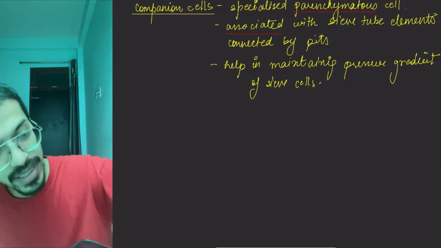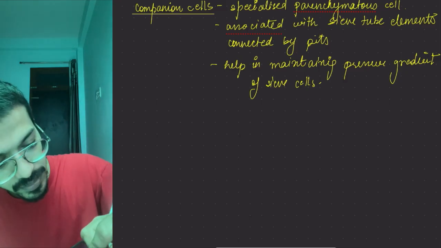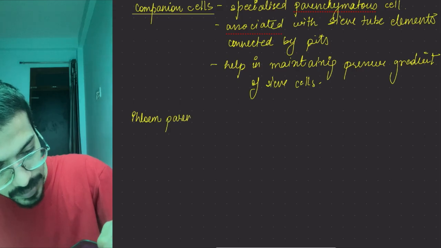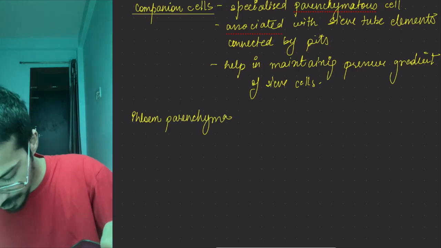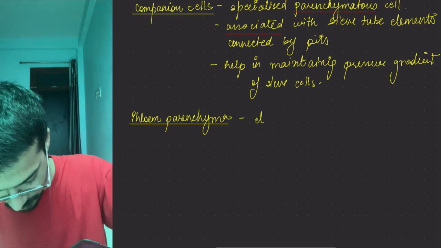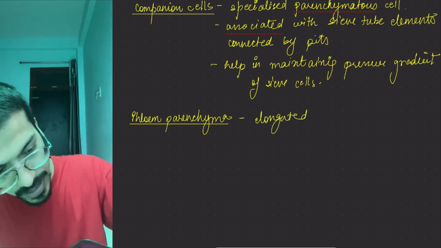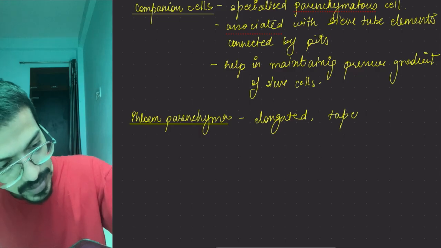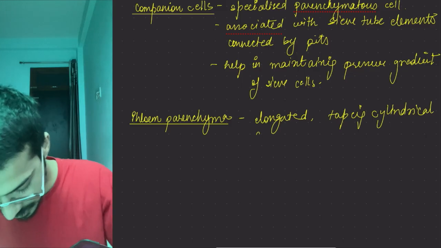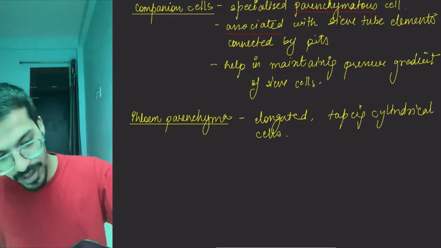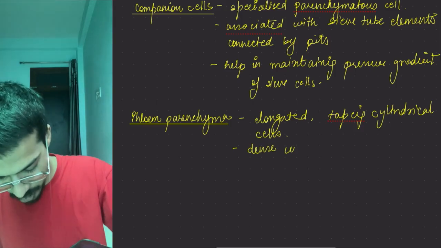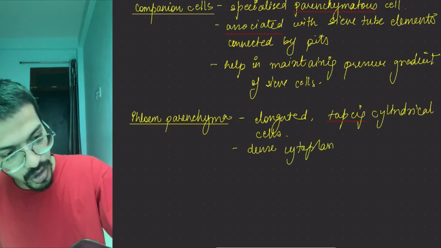Moving on to the next thing, that is phloem parenchyma. Their function is what? They are elongated, tapering, cylindrical cells, with dense cytoplasm and nucleus.